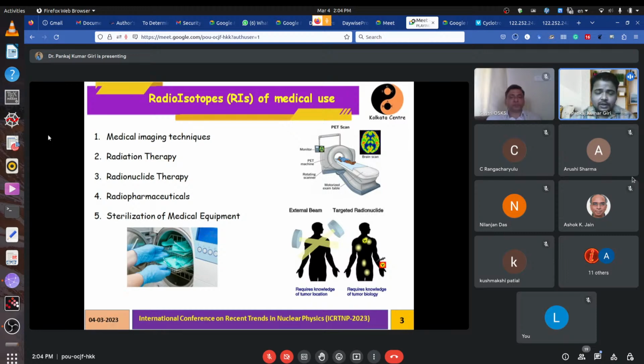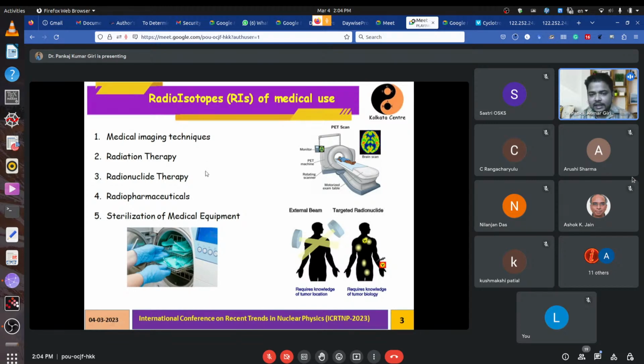These are the techniques used in the medical field: medical imaging techniques, where we can use the radioisotope. Radiation therapy and radionuclide therapy are also there. Then radiopharmaceuticals, which is one of the important aspects, and then we have the sterilization of medical equipment. I'll explain one by one what the techniques are.